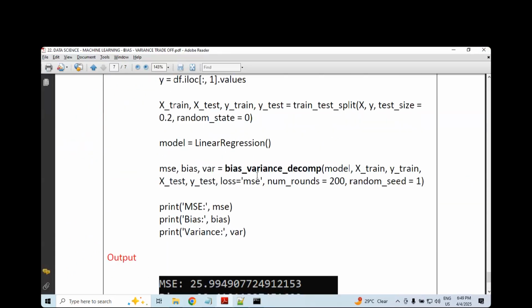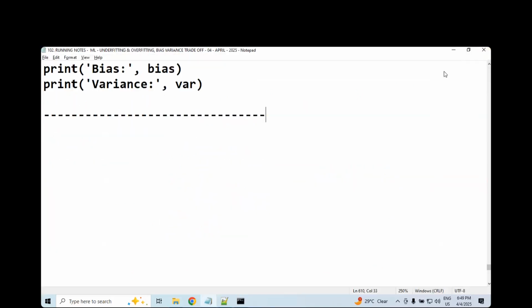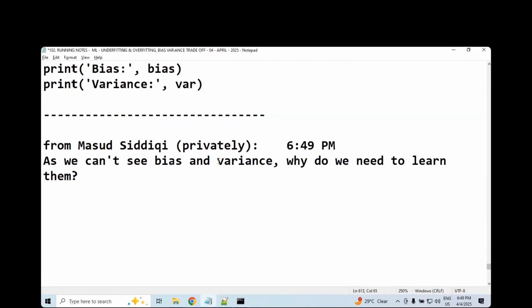Like this for every algorithm, you can cross verify. You can go for simple linear regression, multiple linear regression. These are all. If we want, we can see by installing this external library, as we can't see bias and variance directly.